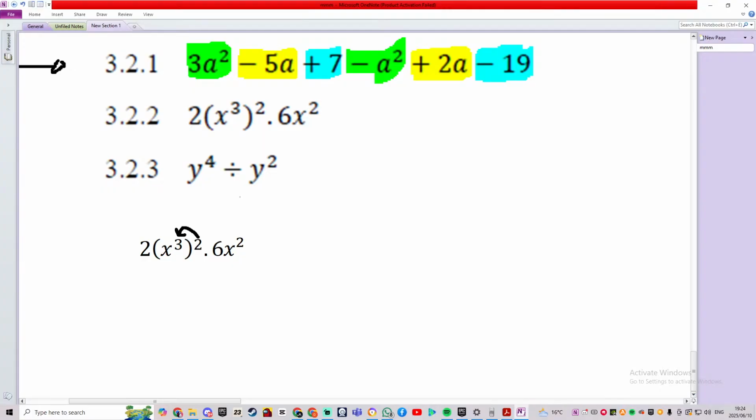We learned with your assignment that when there's an exponent outside of a bracket, you multiply, not add, you multiply the exponent inside. So you are left with 2x to the power of 6, dot, that dot means multiply, 6x squared.